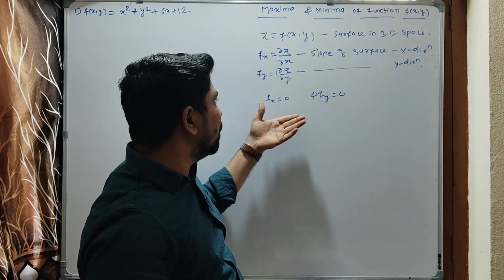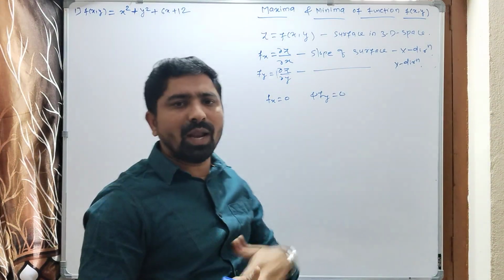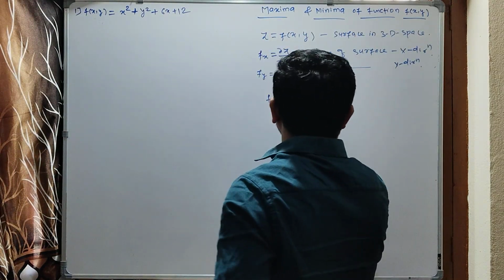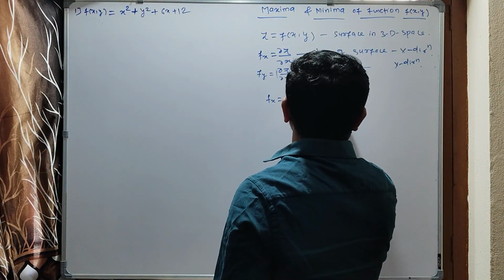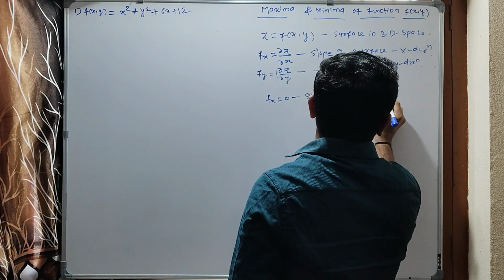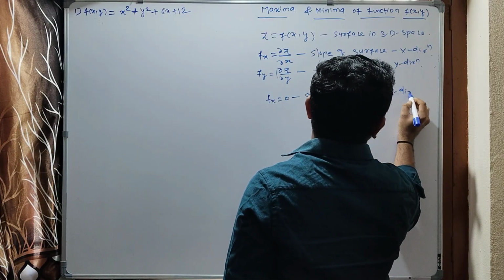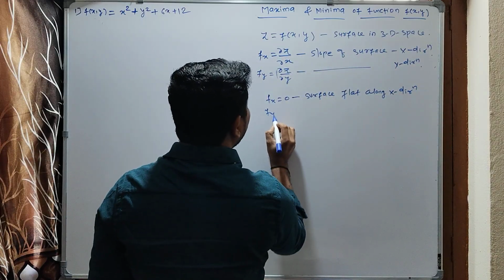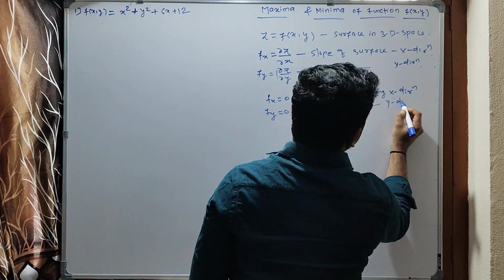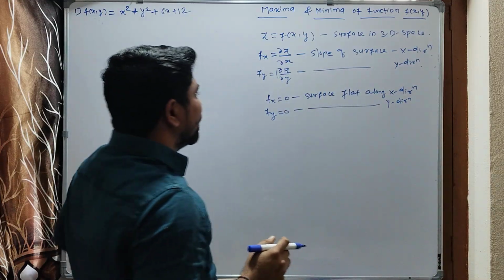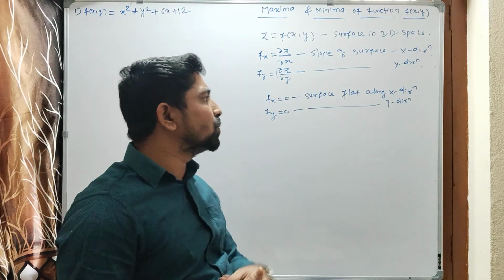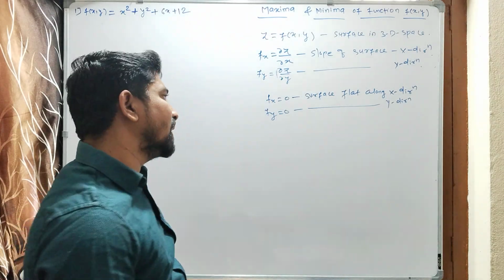When fx equal to 0, slope of the curve along the x axis is zero, and fy equal to 0 is slope of the curve along the y axis. When fx equal to 0 it means my surface is flat along the x direction, and fy equal to 0 represents surface flat along the y direction.